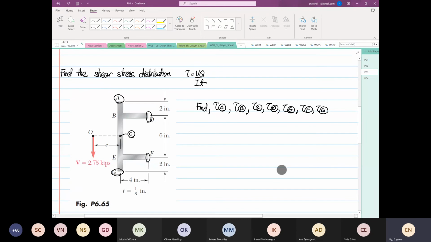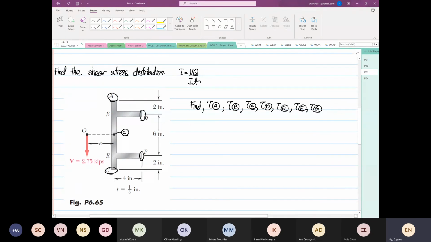So what we can write down here is that shearing stress at point A, point D, point F, and point G, they are all equal to 0. And can someone tell me why they are all equal to 0, please? It's at a terminal, and at the terminal, Q is equal to 0.